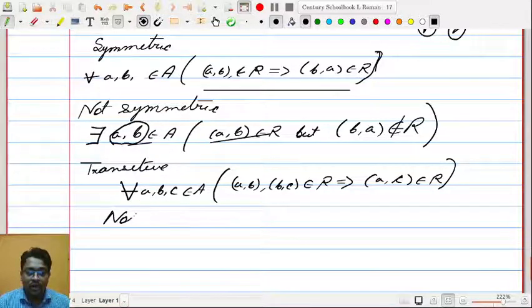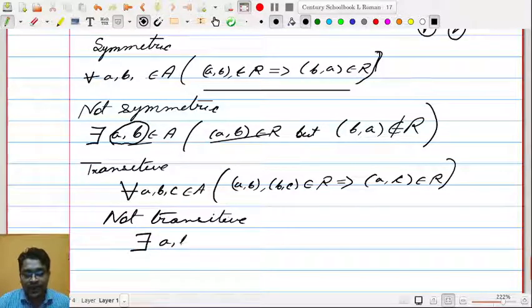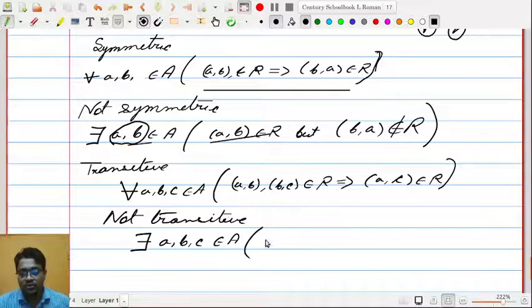So under what condition can I say that a relation is not transitive? If I want to say that a relation R is not transitive, then I have to find some elements a, b, c inside A for which this is not true.